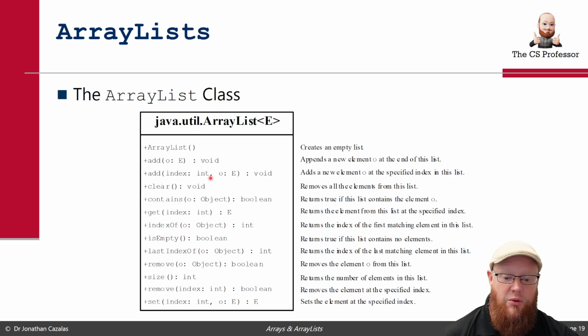We can clear out the list, removing all elements. We can check if the list contains a particular element, so it's going to loop over all elements, searching for a given object. We can return the object at a particular index using this get method. We can return the index of the first matching element. And there are so many other methods. This is just a small sampling.